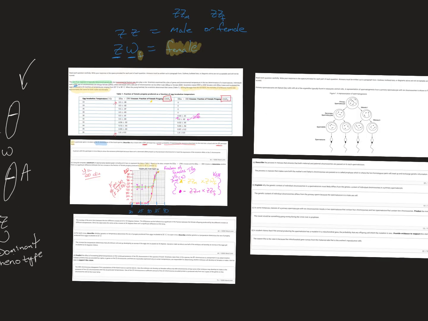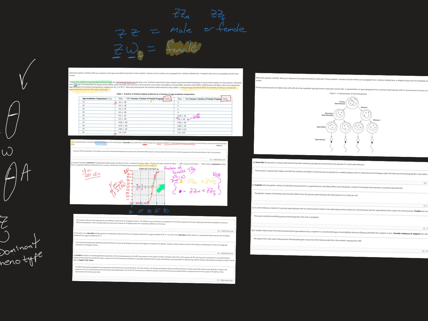So in order to answer that, let's go back and look at the genetics again. If it's ZW, it should be female. If it's ZZ, it can be male, but at some point they might turn into females. As you can see here, the sex changes depending on the temperature.